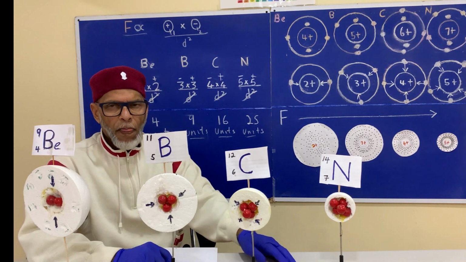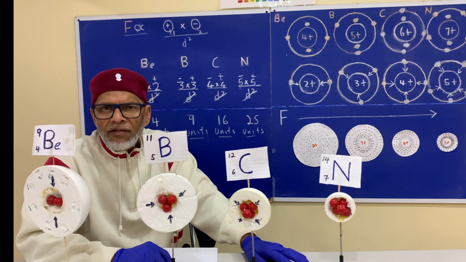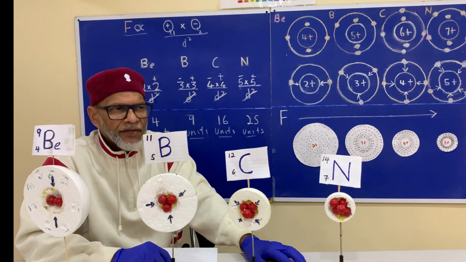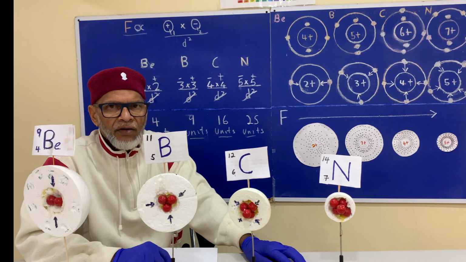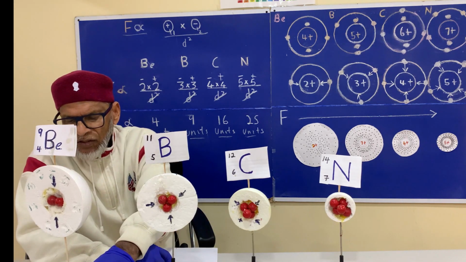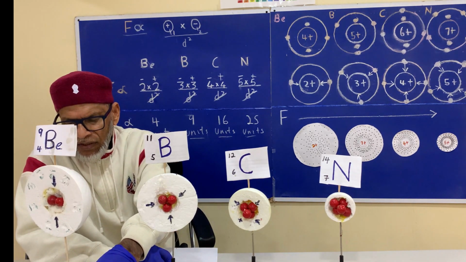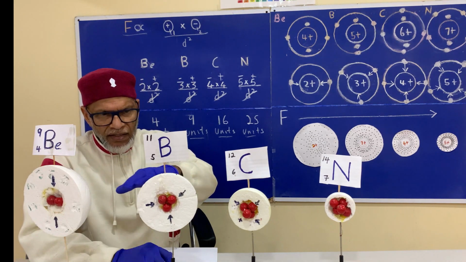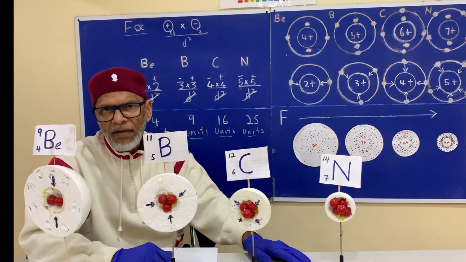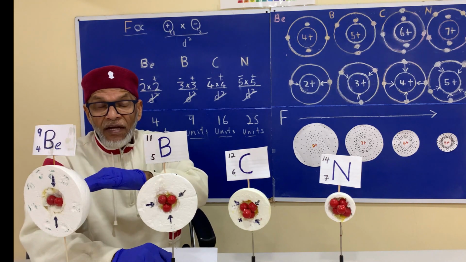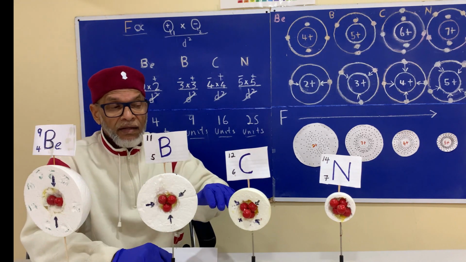The second point is this: how do you think the ionization energy will change? Recall that ionization energy is the amount of energy it requires to remove an outer electron from an atom in its gaseous state. In which case do you think the ionization energy will increase? If you say the ionization energies will increase in that direction, you're right. Why? Because as you move from left to right, the effective nuclear charges increase.